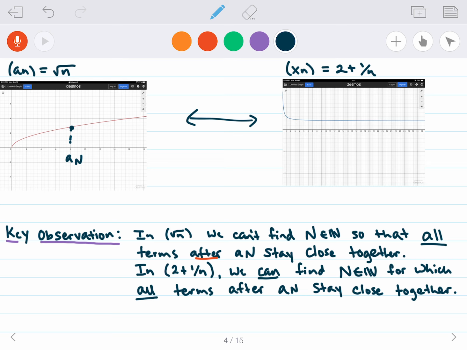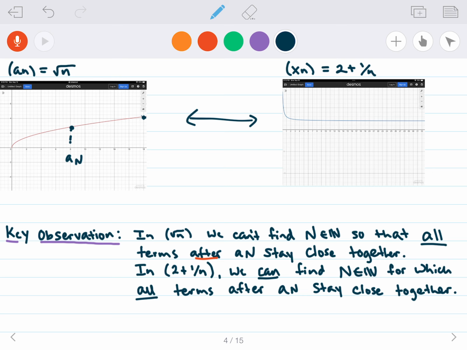If I have something right here, and something right here, these should be reasonably close to each other, but we can see from the picture that they're not really close. We cannot find a capital N big enough so that for any epsilon that we specify, the distance between any 2 points after a sub capital N remains in that epsilon neighborhood.